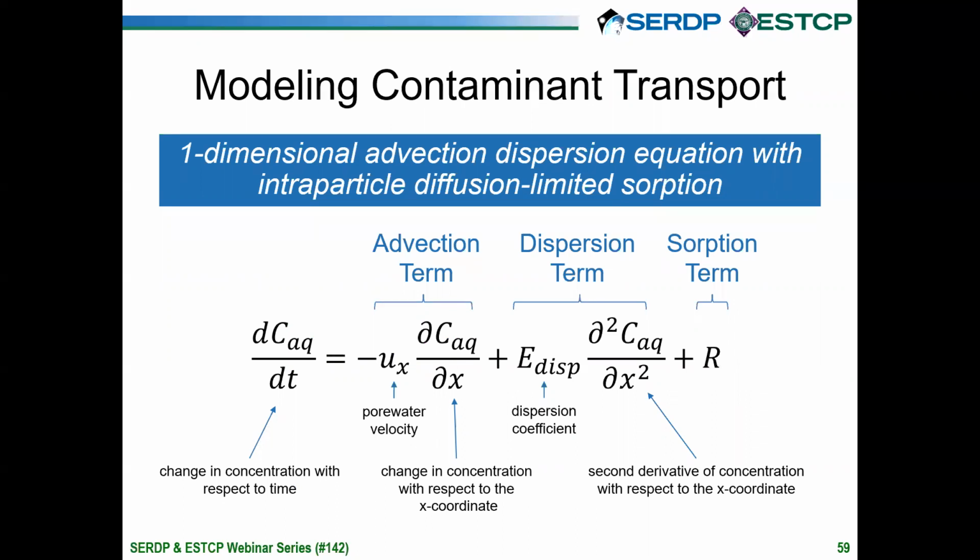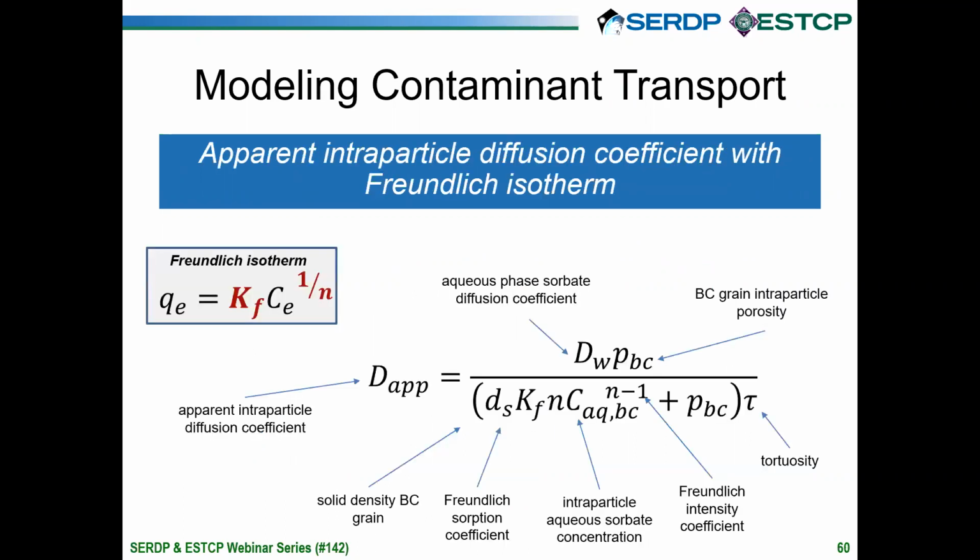We can get pore water velocity. That's a controllable factor in our experiments. Dispersion coefficient comes from tracer studies like a bromide tracer. But the retardation coefficient or sorption term here requires that we do examination of the transport data to back out the sorption coefficients, which are tortuosity, and then these Freundlich isotherm coefficients, Kf and 1/n.